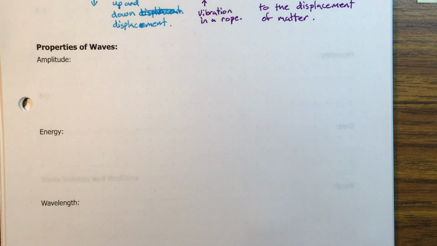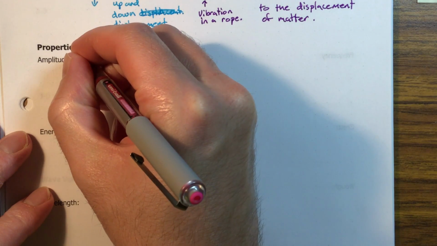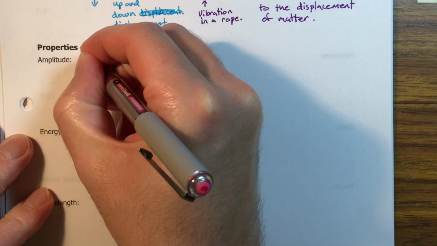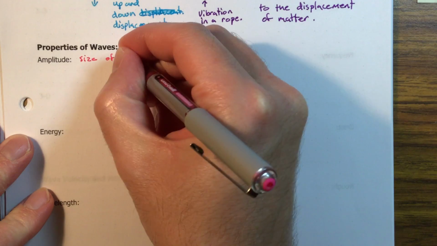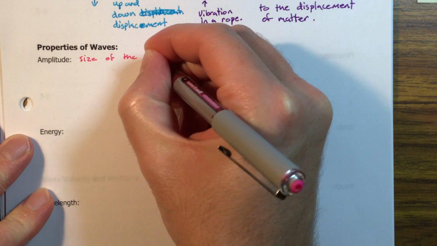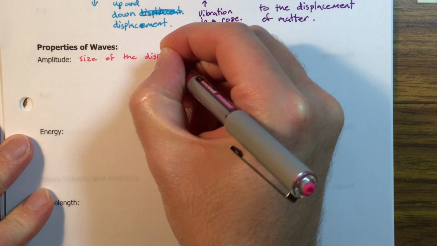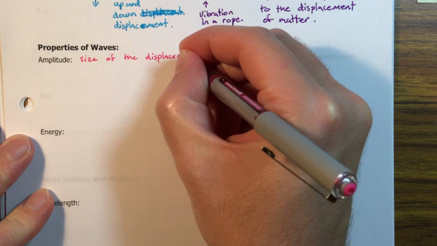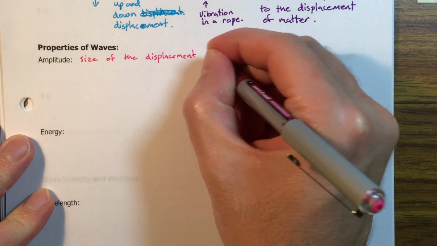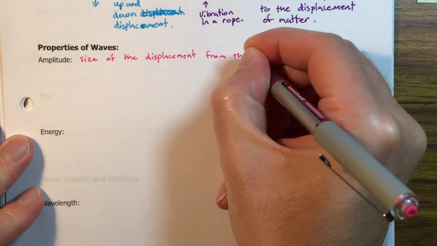The amplitude of the wave is the size of the displacement from the rest state.